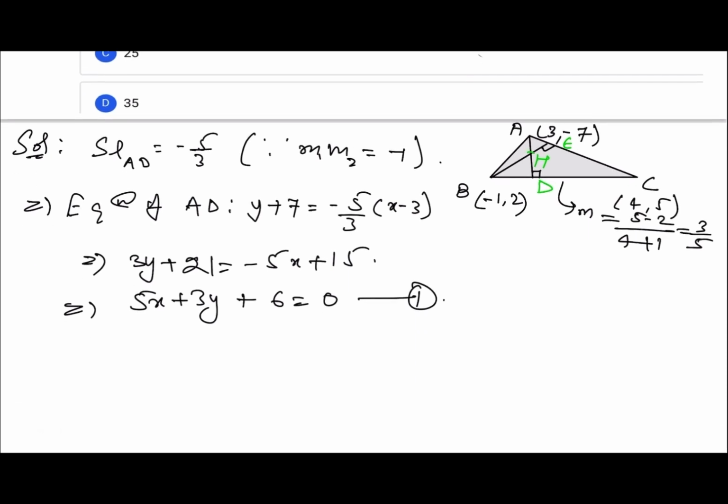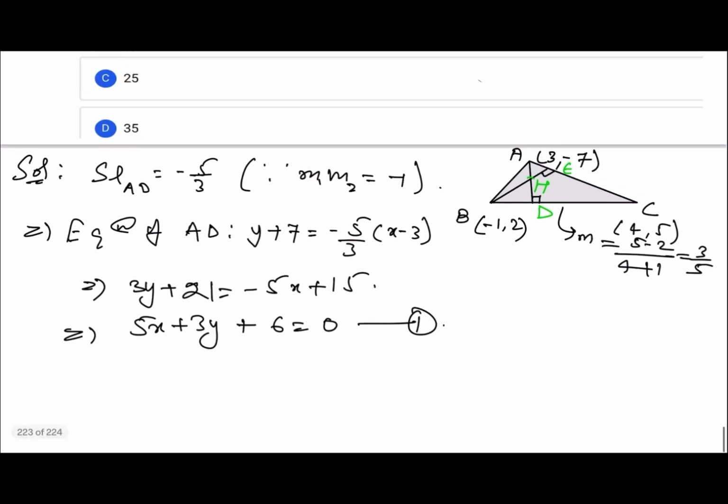Now again, if I have the slope of AC, then I can have the slope of BE as well. So from this, slope of AC is 5 plus 7 upon 4 minus 3, which is 12. So slope of BE is minus 1 by 12.